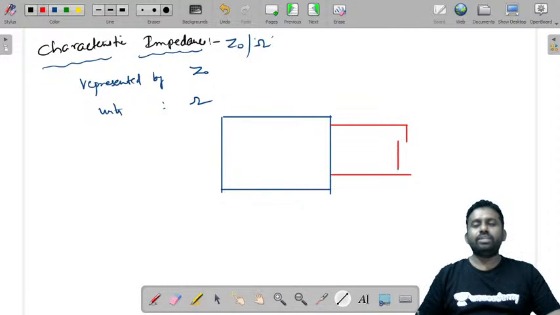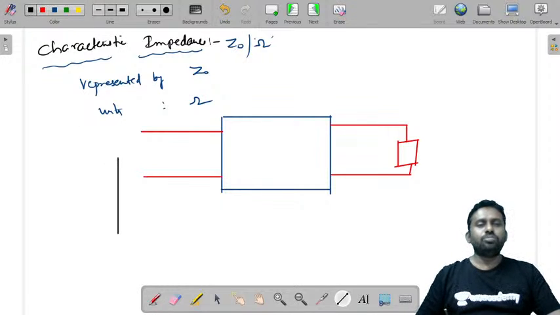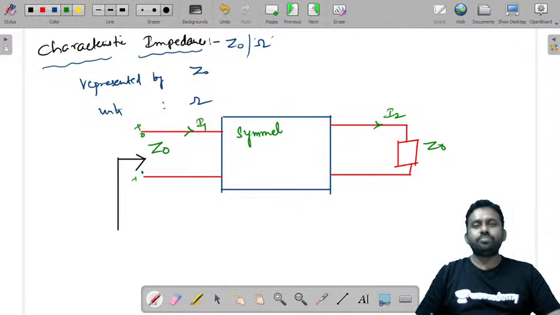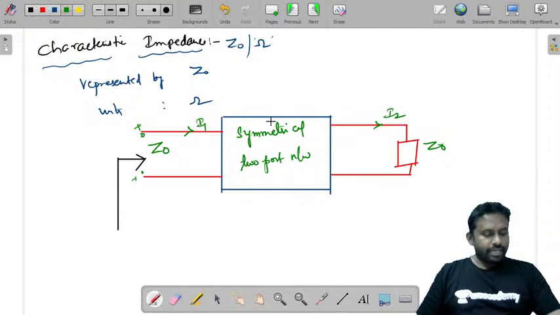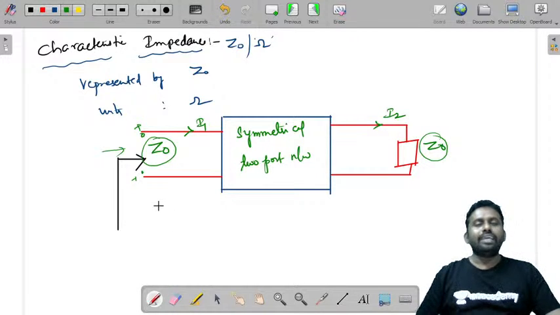If you measure the impedance at the other port and it appears to be Z naught, this is a symmetrical two port network with currents I1 and I2. If the impedance measured is Z naught when it is terminated by Z naught, such an impedance is said to be a characteristic impedance.